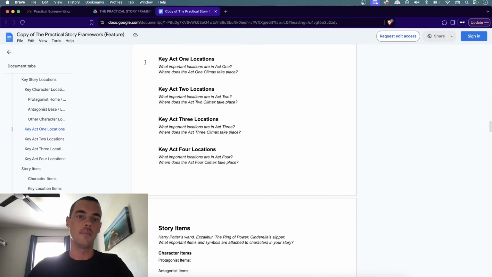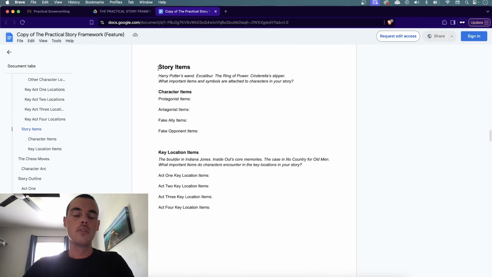So what important locations are in Act 1, and where does the Act 1 climax take place? These are questions that you can ask yourself throughout the story, right? Because the locations in your story should be interesting and memorable, not just random and unimportant. Each of them are going to, ideally, be characterized well for the story that you're telling.